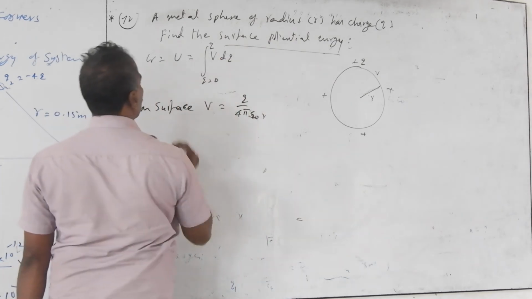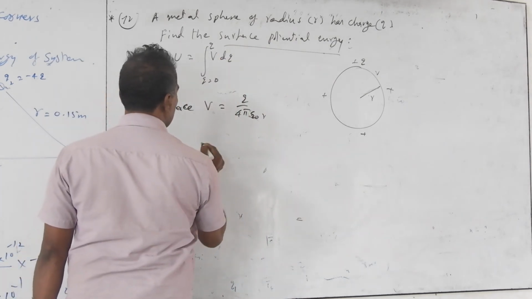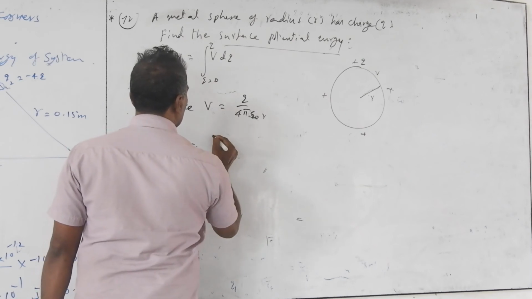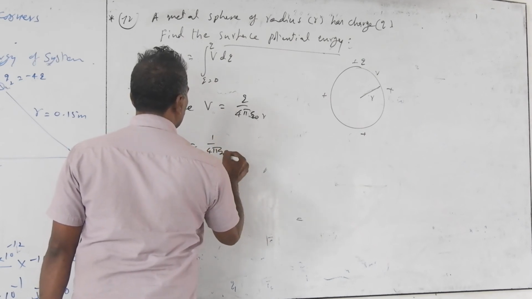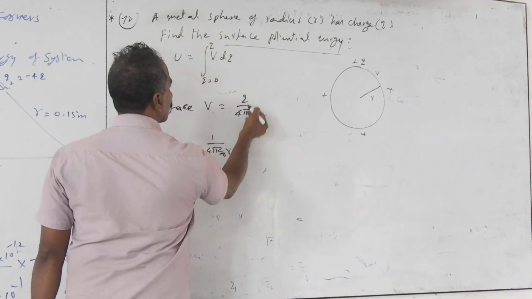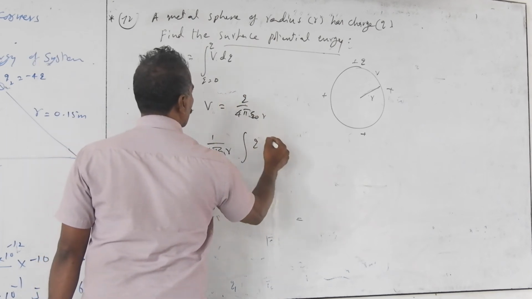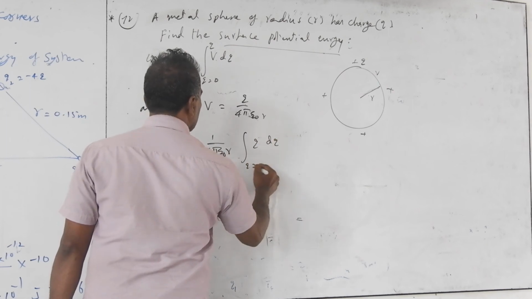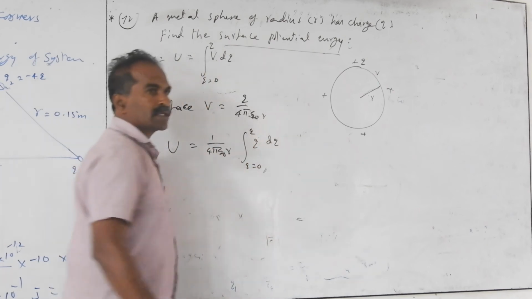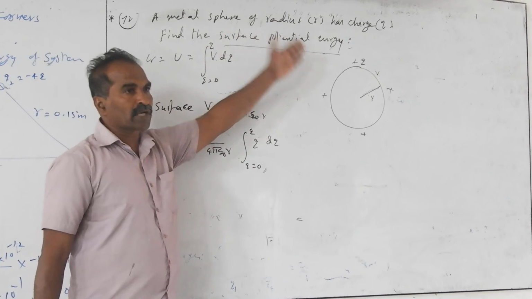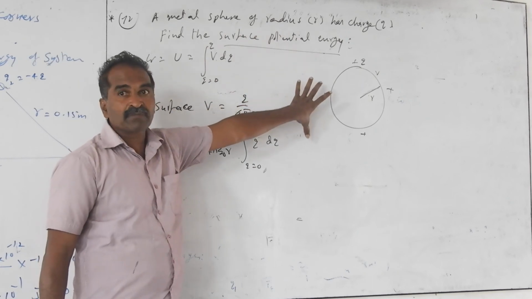Put in the value here. So the potential energy, the surface energy, becomes 1 by 4 pi epsilon naught r, which is a common factor. Only q is variable, dq indicates q is variable. So integration of q dq, with q changing from 0 to Q, until the charge becomes the total charge Q and the final potential becomes V.